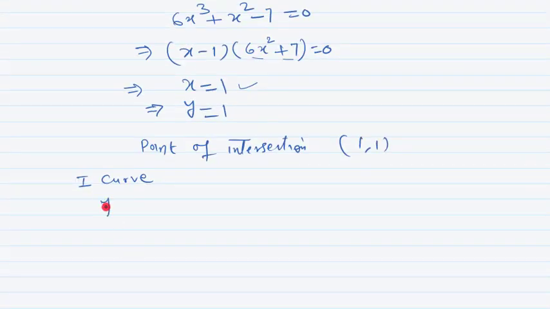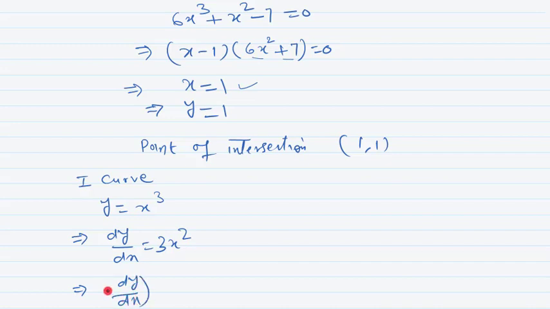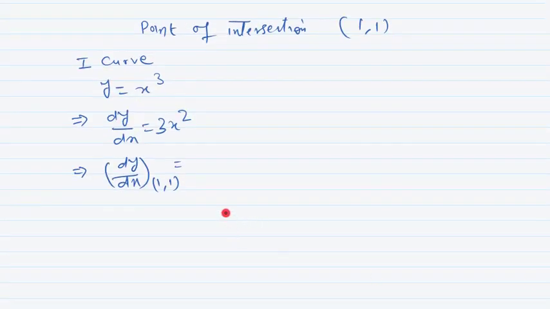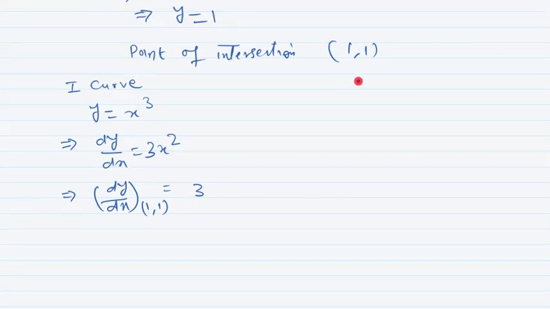So y is equal to x cube implies dy upon dx is equal to 3x square. Let us calculate this at the point (1, 1). So dy upon dx at (1, 1) is clearly 3.